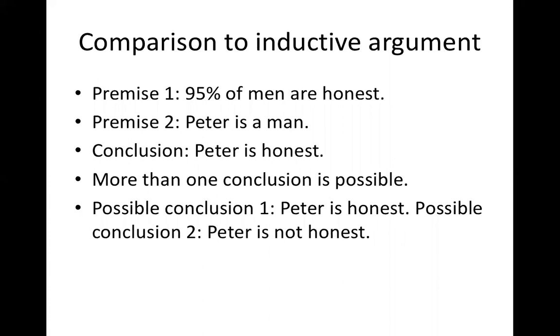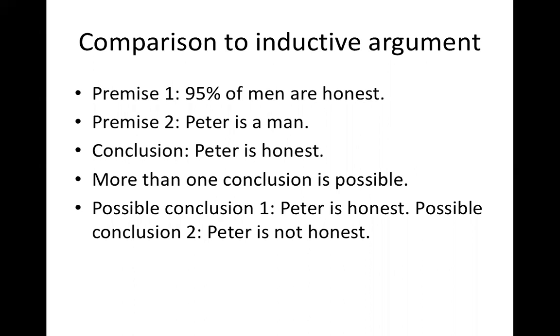So let's compare it to an inductive argument. Now this is an inductive argument. 95% of men are honest. Peter is a man, therefore Peter is honest. The question you ask yourself: do the premises make the conclusion necessary? No, it doesn't. 95% of men are honest. Peter is a man. What if Peter is among the 5% that are not honest?